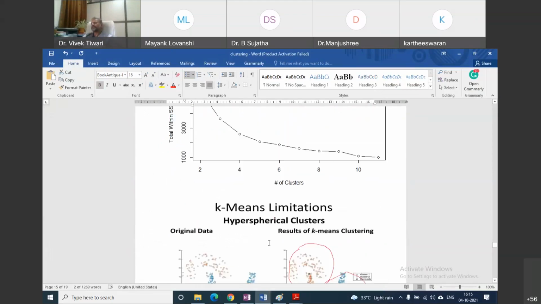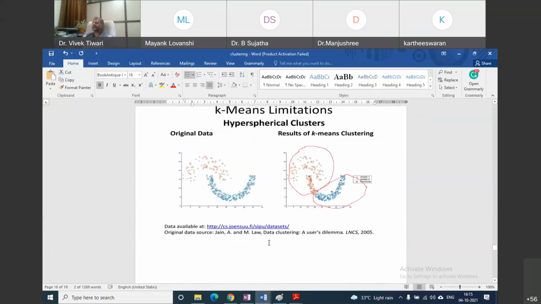Okay. The last topic I'm covering is some limitations of k-means clustering. K-means clustering assumes a cluster has a natural circular boundary. Suppose this data is given to you, where one cluster should be this and another cluster should be this.